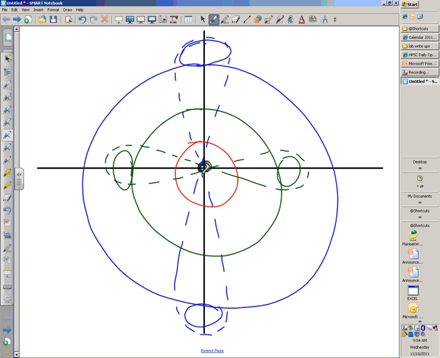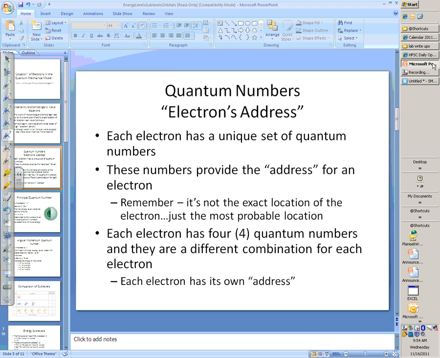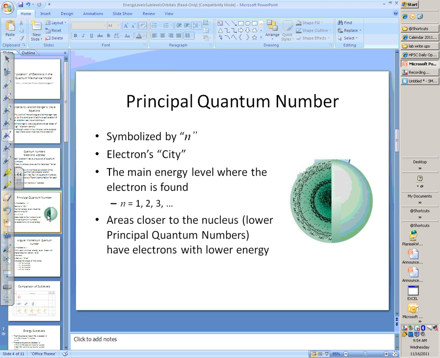And we said that each one of these drawings represents a sublevel, a possible or likely location for electrons. We started off with the principal quantum number, which symbolized the big areas around the nucleus.